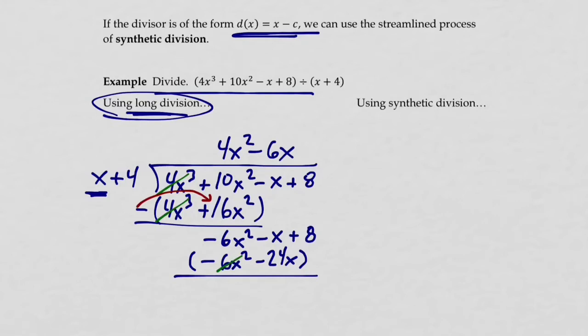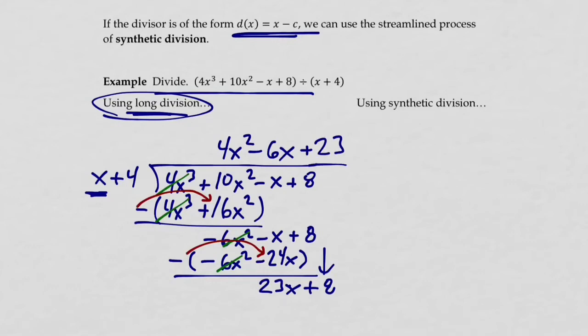So the negative 6x squared cancels. And now subtracting the negative 24x, it's going to become a positive 24x, and so we end up with 23x. And we can bring down the plus 8 at the end, and we have one more step in our process. Plus 23 is going to be the last term in our quotient.